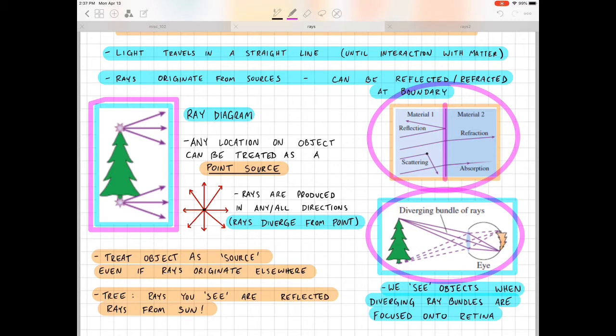And so the requirement, though, for you as a person to see an image of an object is the rays that are coming from that object need to somehow enter your eye, right? And so that's the whole goal here, is to try to figure out ways in which rays can be manipulated, and the direction of the rays can be manipulated so that images can form, the rays can meet at a specific location.